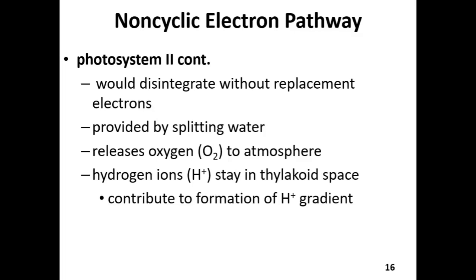The electrons come from the splitting of water. When water is taken in by the roots, and moves up through the veins, the water moves into the mesophyll tissue and is split. So we release the oxygen, which is released through the stomata.